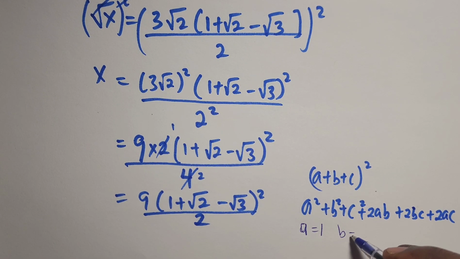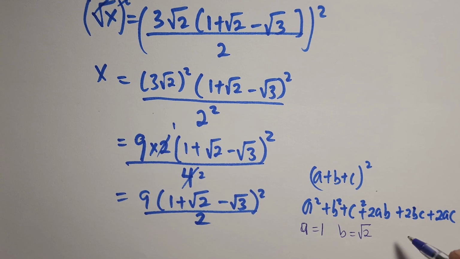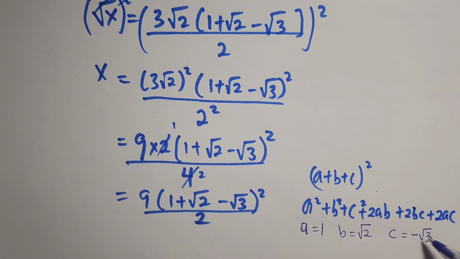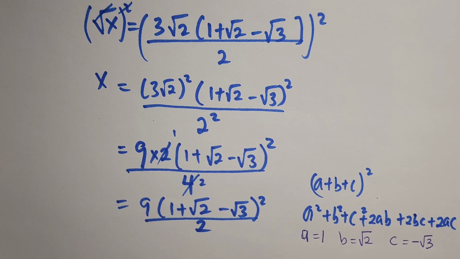My b is the square root of 2 and my c is negative root 3. This is what I'm going to have.